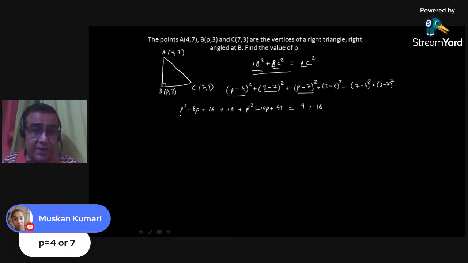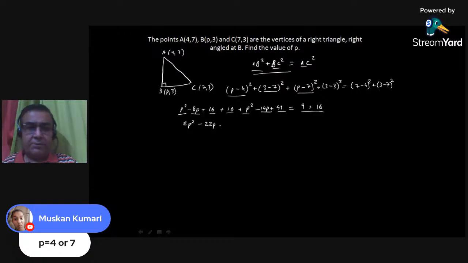So that gives me P square plus P square, that gives me 2P square, minus 8P minus 14P gives me minus 22P, and 16 plus 16 is 32. 32 plus 49 will be 81, and we have got 25 here.